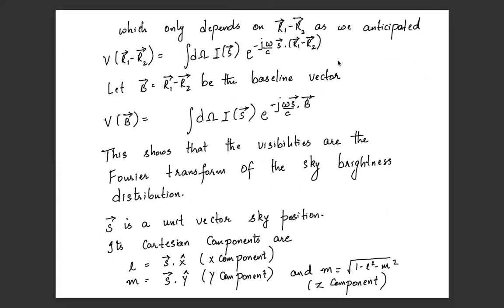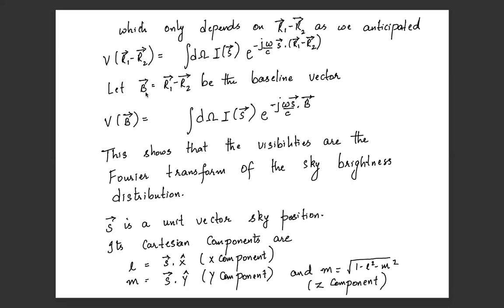So again, some notation to make things simpler. If you remember from the previous video, we said that because these sources are very far away from us, where you build the telescope on the Earth doesn't matter. You should measure the same specific intensity at a given direction on the sky, which means that all of this equation should only depend on the baseline length, which is the relative displacement between R1 and R2. It shouldn't depend on the exact locations of R1 and R2.